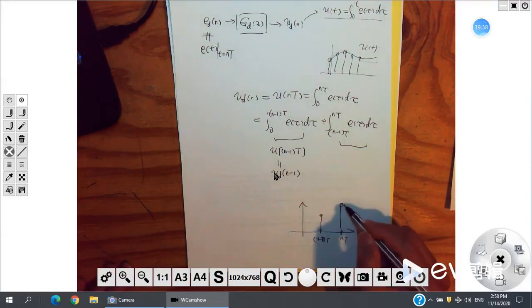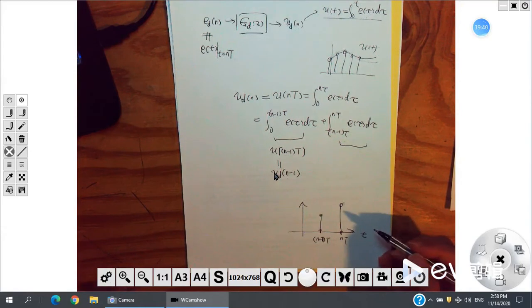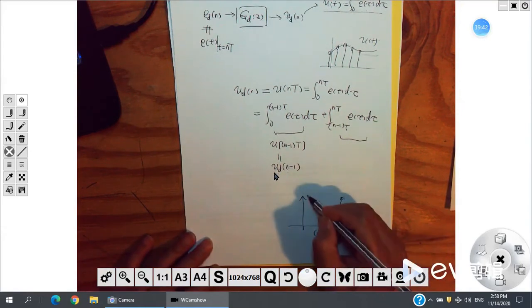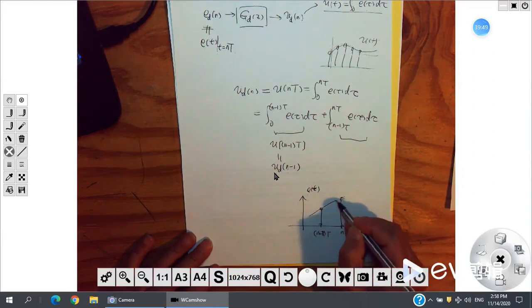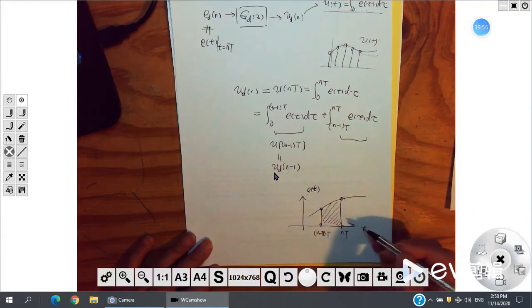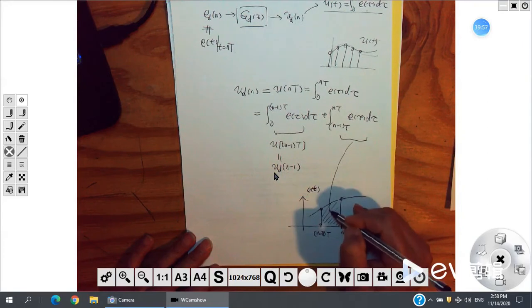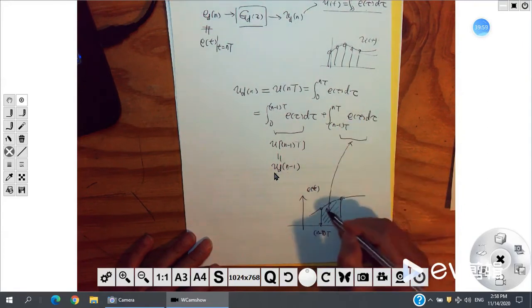Now I just put it like this. This one is larger. Then this is the E of tau, right? E of t will be a curve looking like this, right? And this part is just the area. This integral is just this area.